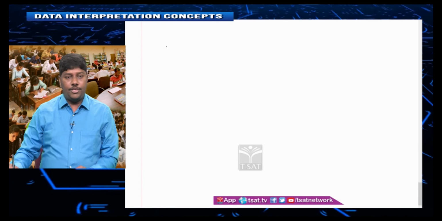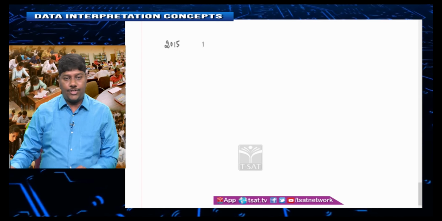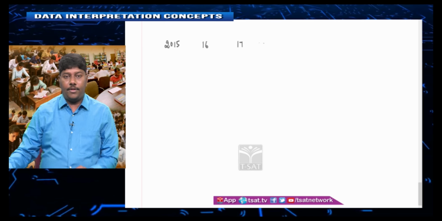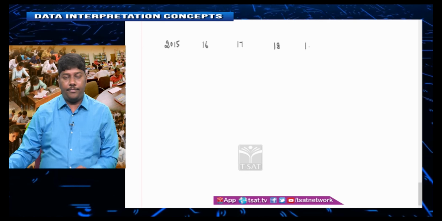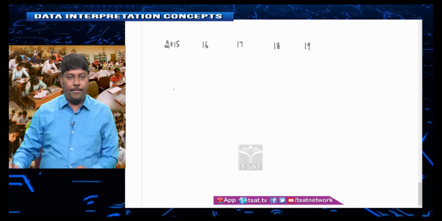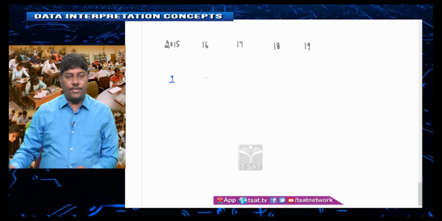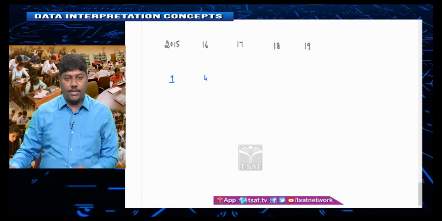Now see here, I'm just taking the data in 2015, 2016, 17, 18, 19. Let's say the number of cars produced in 2015 is just 1000 cars. In 2016 it became 4000 cars.